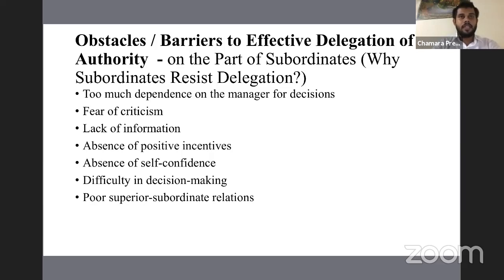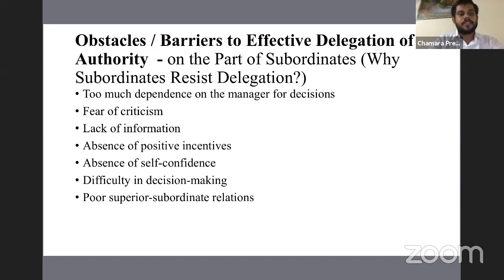If we come to conclusions by only looking at one side, we will end up with negative or wrong conclusions. Okay, so absence of positive incentives: obviously sometimes we don't have these positive vibes or positive atmosphere, so we don't have any positive incentives.